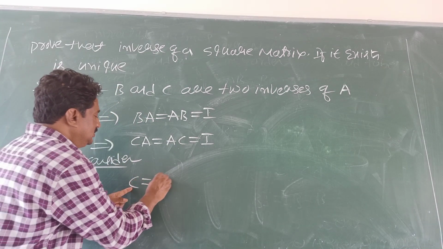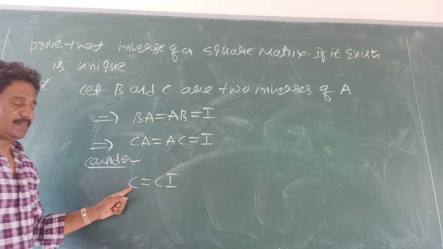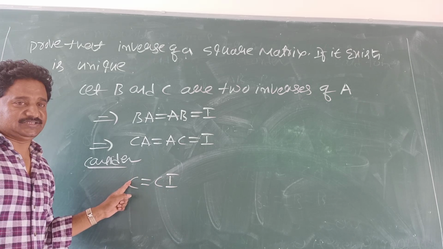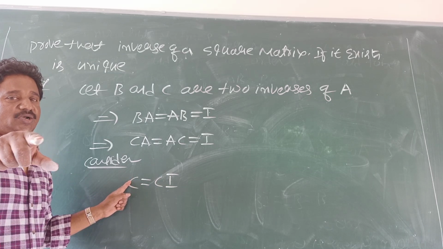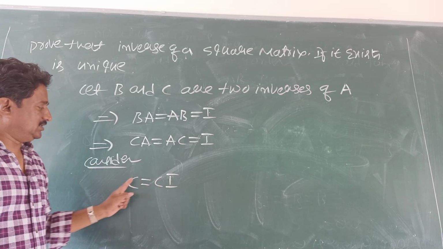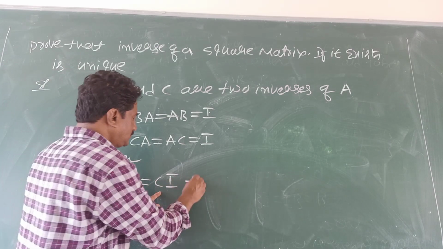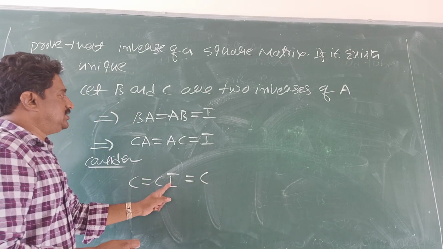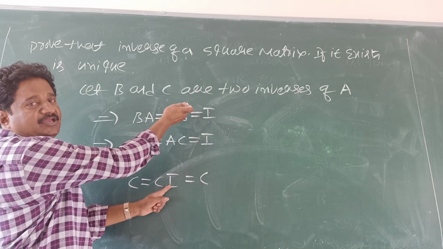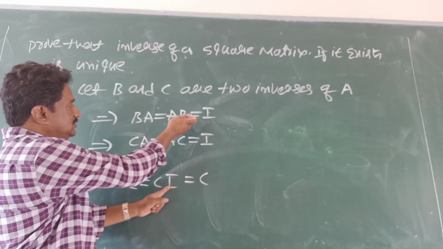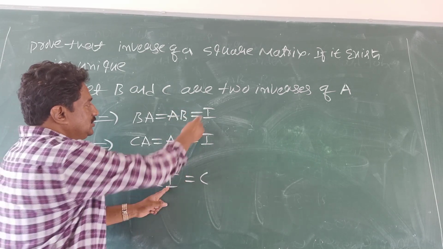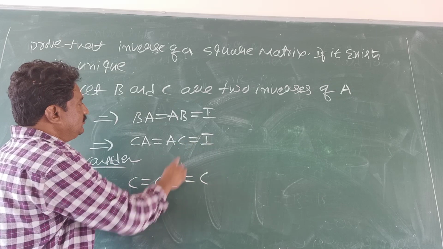C = CI. A matrix multiplied by the identity matrix is always equal to the matrix. Note this in your notebook.